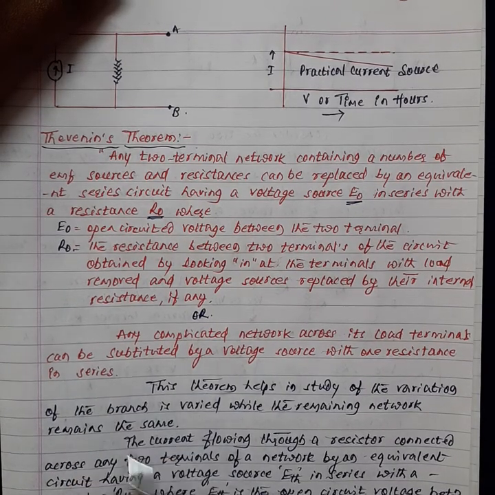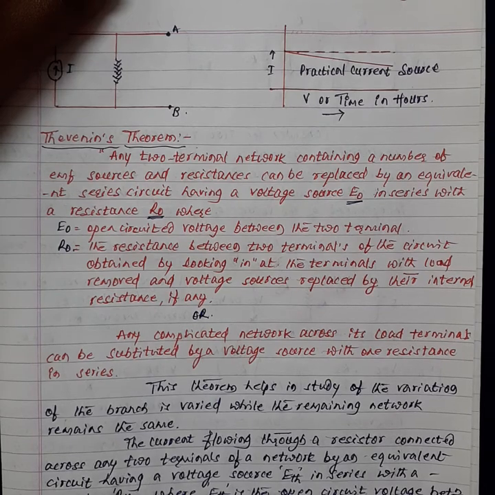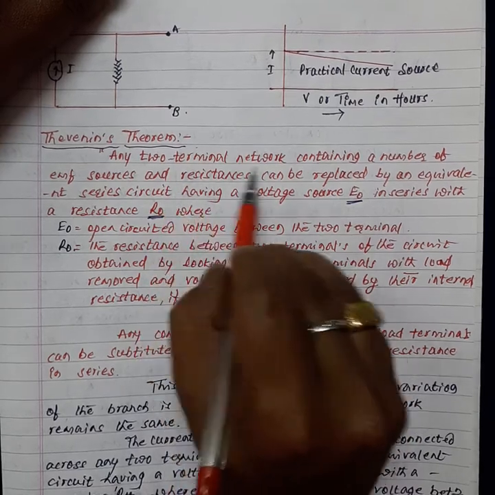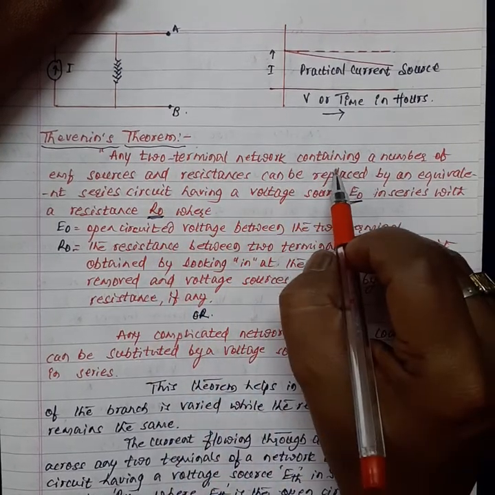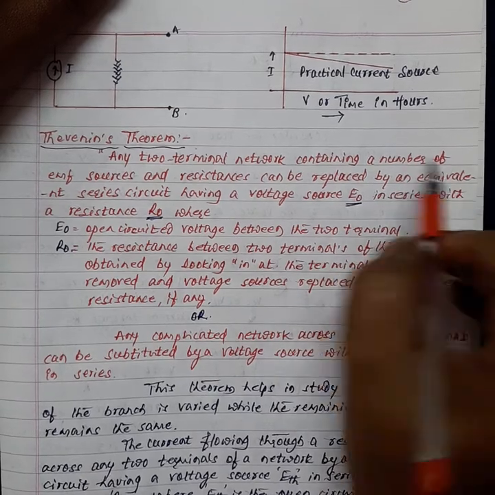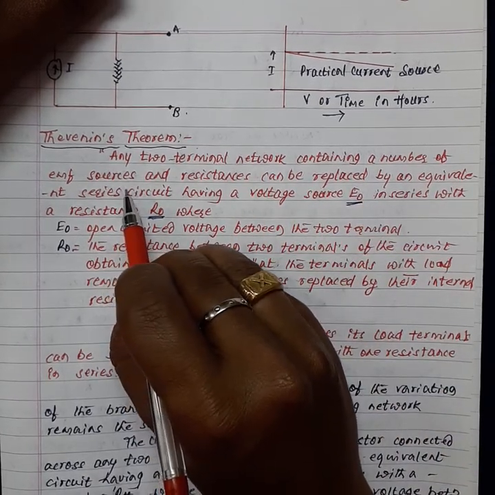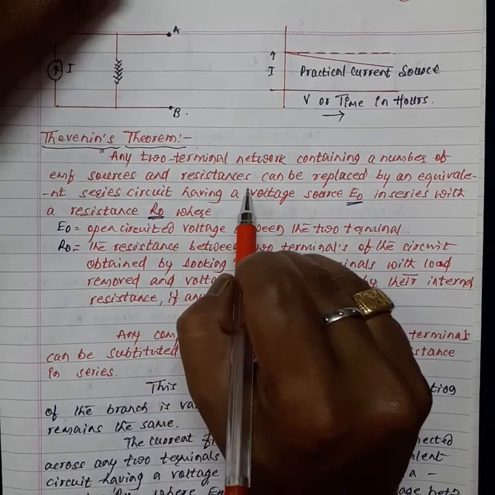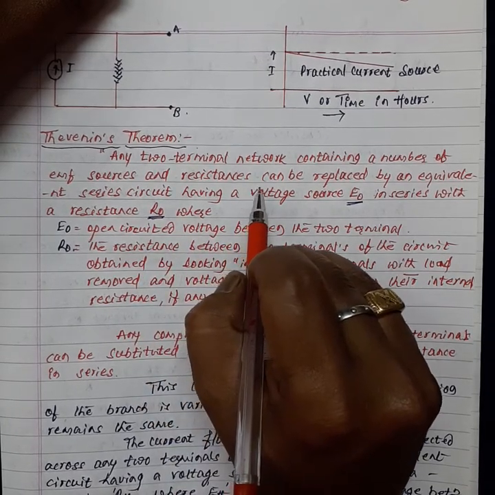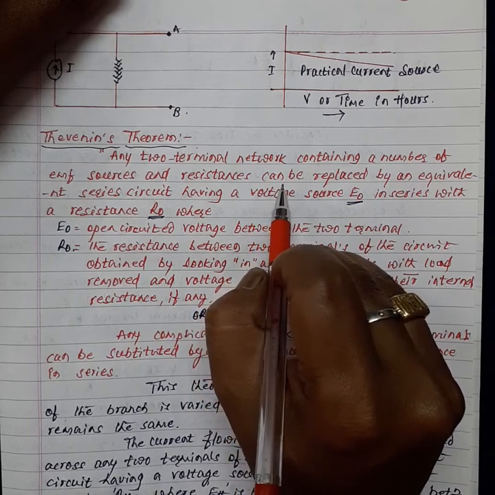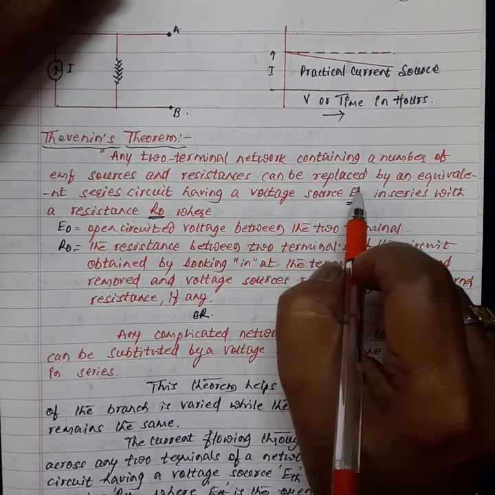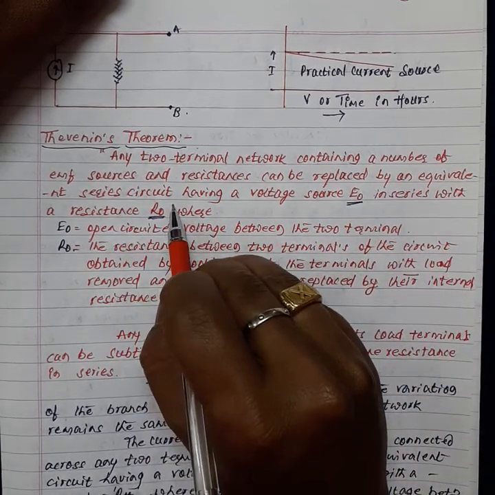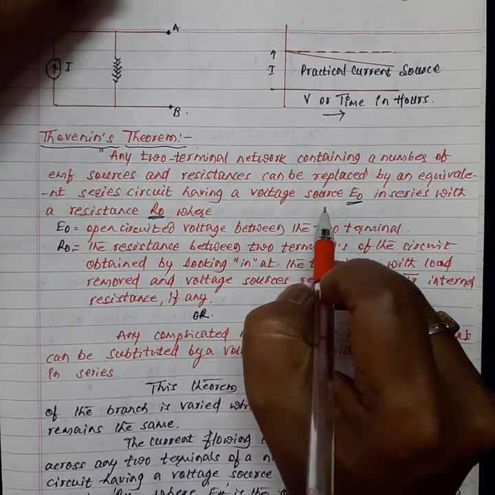So this is one of the advantages of Thevenin's theorem, that is any network where you are using a number of EMF sources, whether it's 2, 3, etc., and a number of resistances, say 2, 3, 4, 5, etc., can be replaced by an equivalent series circuit having a voltage source.